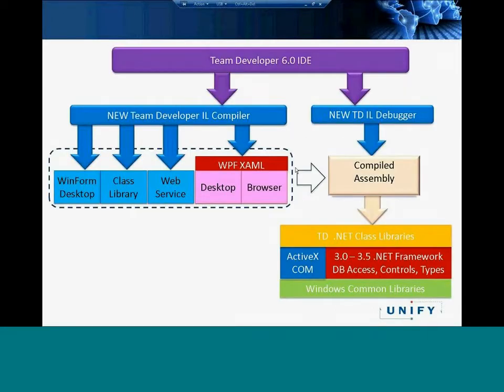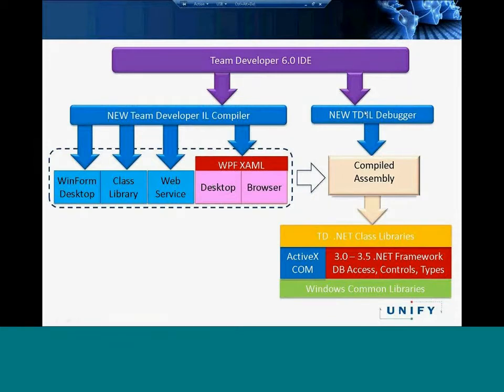So just a summary of what we just discussed. So into Team Developer 6.0, into the same IDE, we're going to have a new Team Developer IL compiler, which will allow you to compile into the 5 different methods for .NET, which we talked about before.